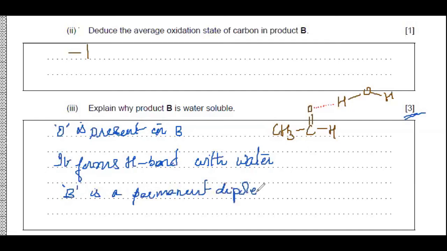There is one more point which you can be writing in the answer. It is having a very short organic chain. Its carbon chain is very short, and a carbon chain by nature is water repelling. In this compound B, the carbon chain is very short, so it does not interfere much in repulsion. It doesn't give rise to a repulsive interaction.